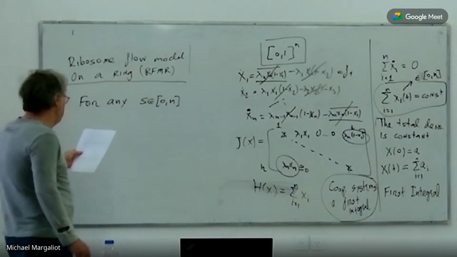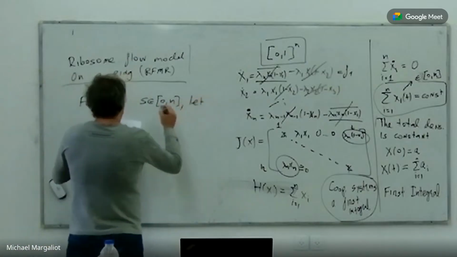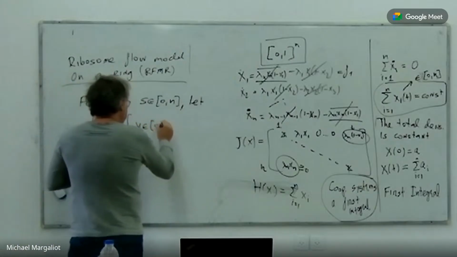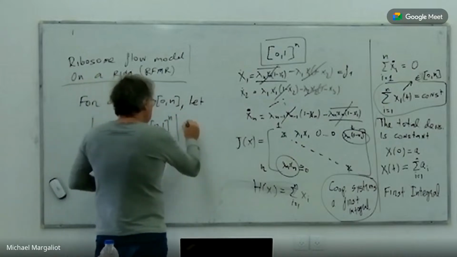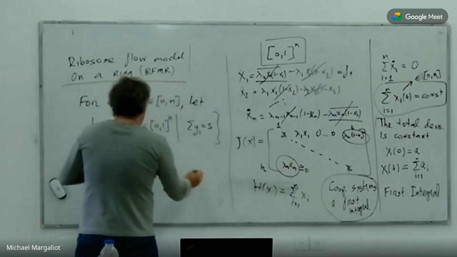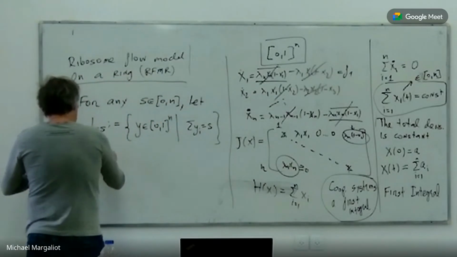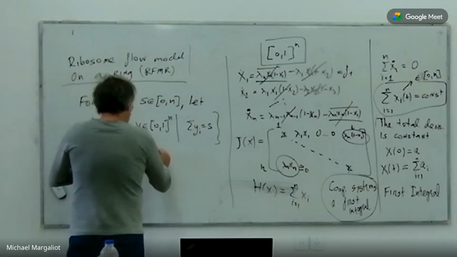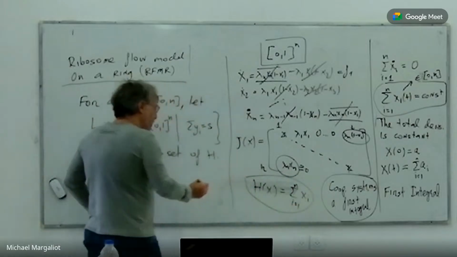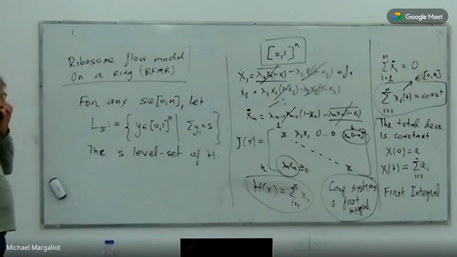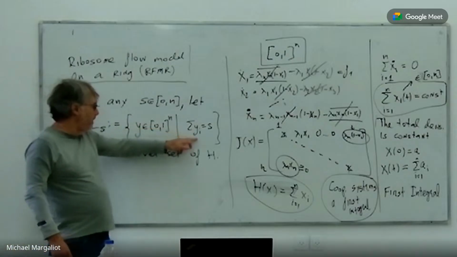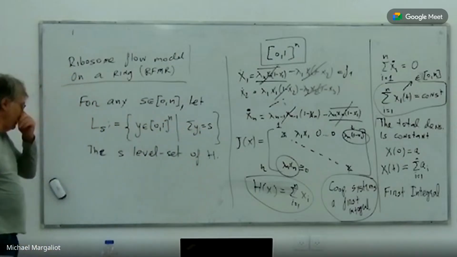For any s in [0,n], let us define the following quantity. This is all the vectors y in the unit cube such that sum of yi is equal to s. We call this the s level set of H. H is our first integral.